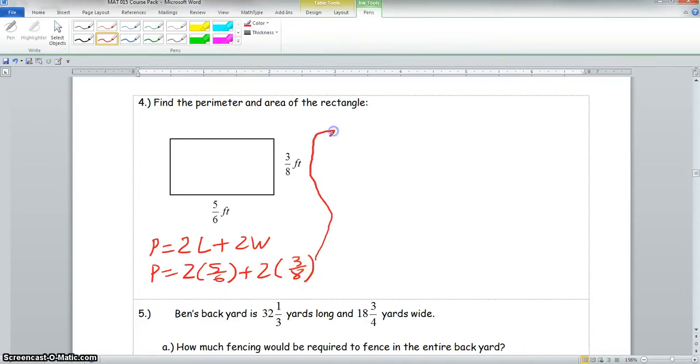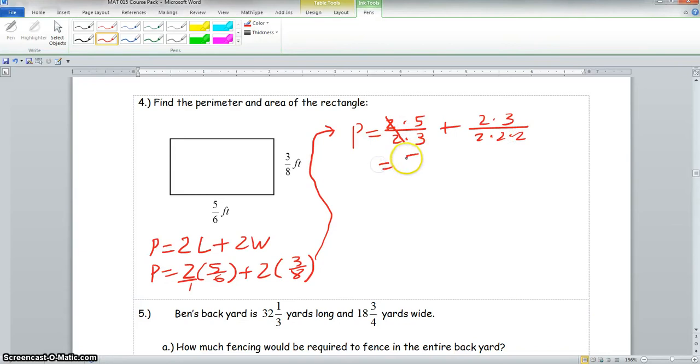Now remember, this 2 is assumed to be 2 over 1. So we could do 2 times 5 all over the prime factorization of 6, which is 2 times 3, plus, in our numerator here, we will have 2 times 3. And the prime factorization of 8, we know is 3 2's.